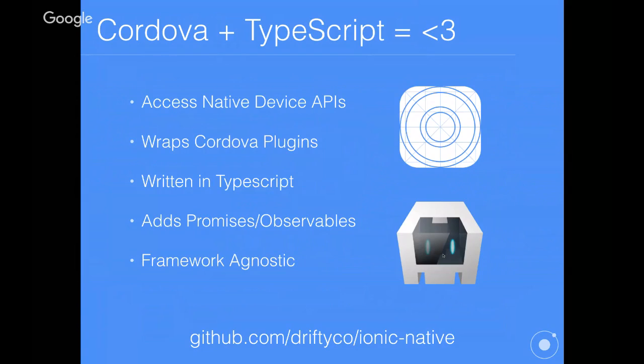So Ionic Native adds promises and observables support to make that much easier. I also like to point out that even though it's called Ionic Native, it is completely framework agnostic. You can use Ionic Native plugins in any TypeScript project, whether you're doing an Angular 1 project or an Angular 2 project or any other TypeScript project or hybrid, you have full access to all of the Ionic Native plugins.